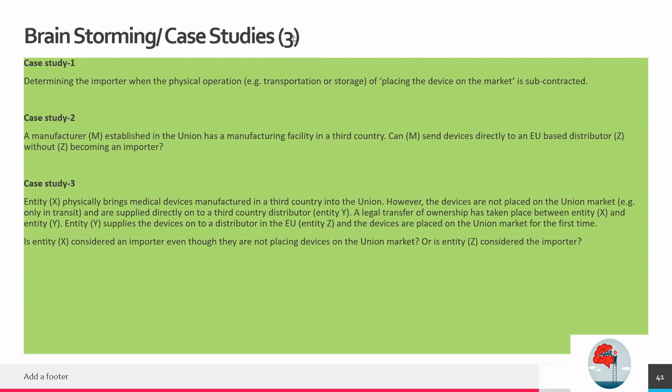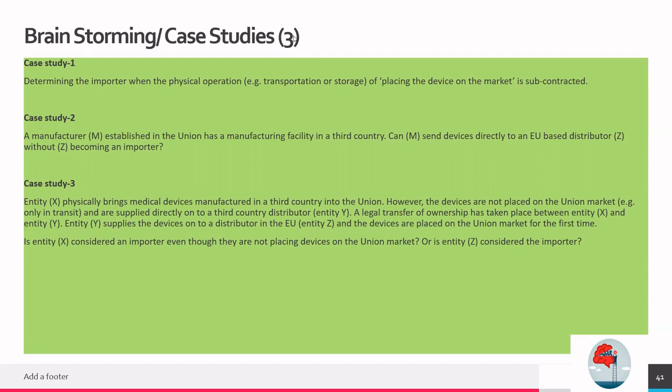For entity X, it has taken a contract of sale with a third country manufacturer to import products into the union. Therefore, it is under a logistics contract with entity Y to physically transport the products to the union market and provide short-term storage activities, because they are saying no example transportation or storage.